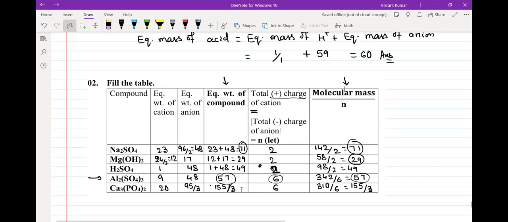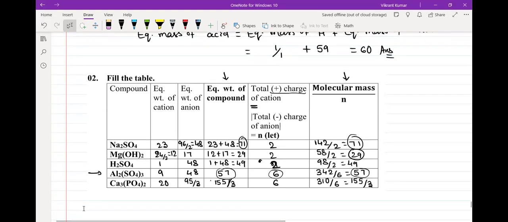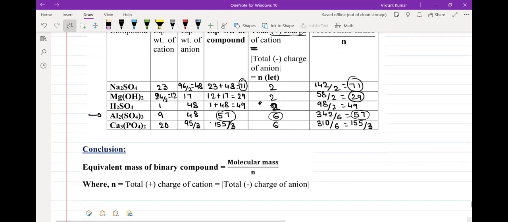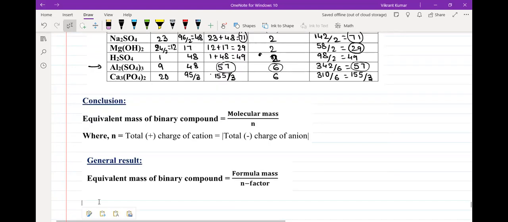So in general, we can define equivalent mass as formula mass upon n factor. If it is an atom, then it will become atomic mass by n factor. If it is a molecule, then it will become molecular mass by n factor.